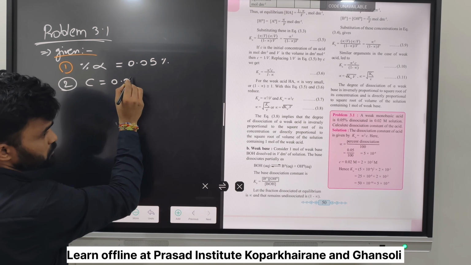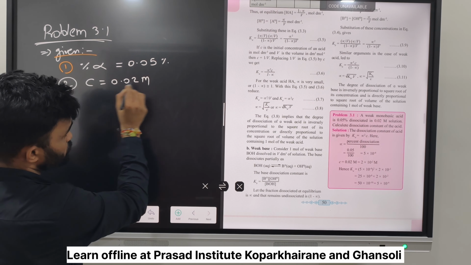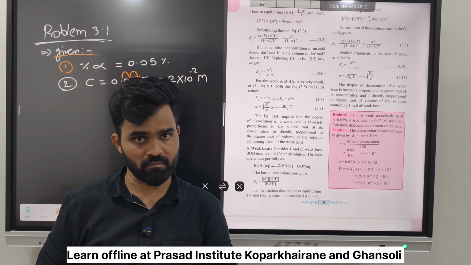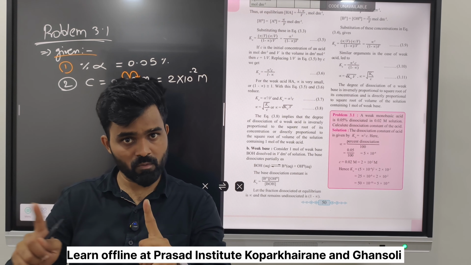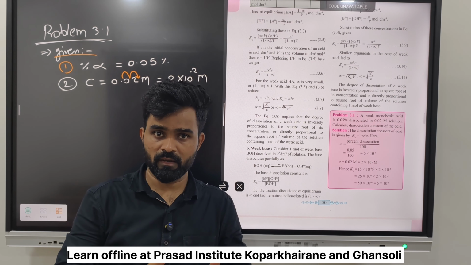So 0.02 molar. For this I am writing 2 into 10 to the power minus 2 molar. What did we do here? We have shifted the decimal point to the right hand side. If decimal point goes to the right hand side, power becomes negative. 1 digit right side, 1 negative. 2 digits right side, 2 negative. Correct?